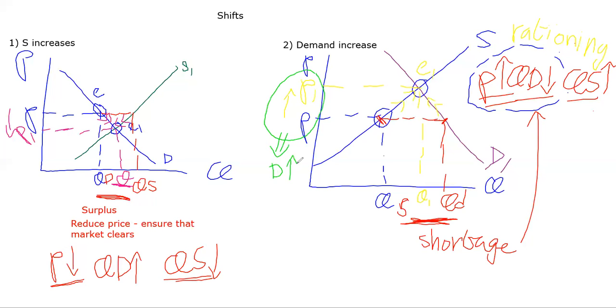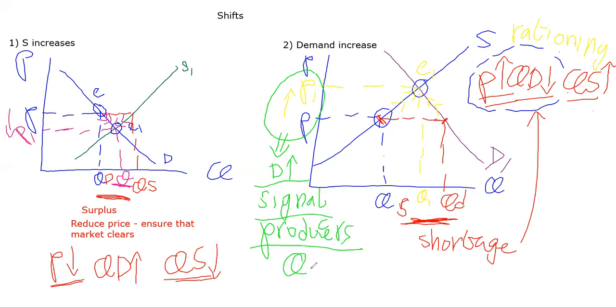Demand shifted to the right, which led to an increase in price. This acted as a signal to producers to produce more, to extend their supply, to increase quantity supplied.